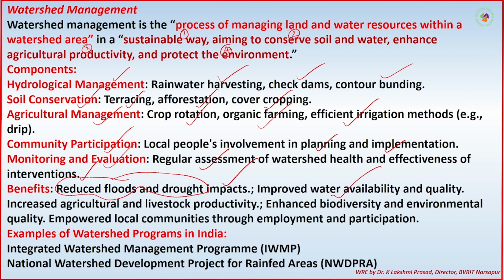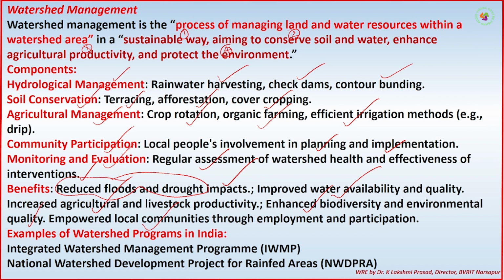It increases agricultural and livestock productivity, so that more yield can be obtained by proper utilization of water resources, enhances biodiversity and environmental quality, and finally empowers local communities through employment and participation. So these are the benefits of watershed management.